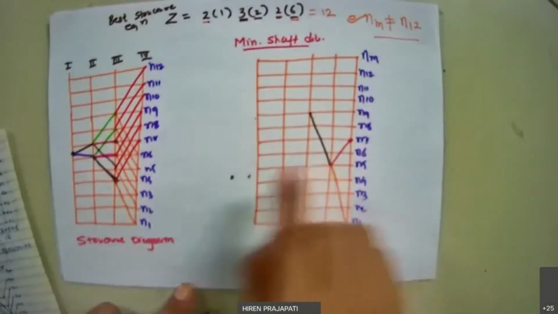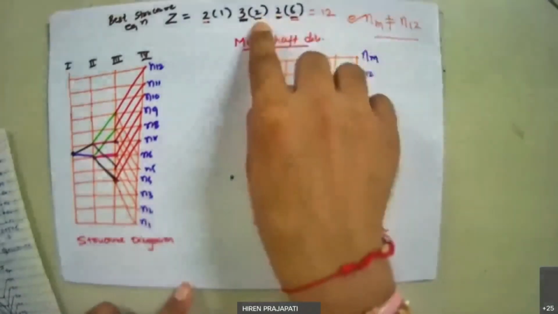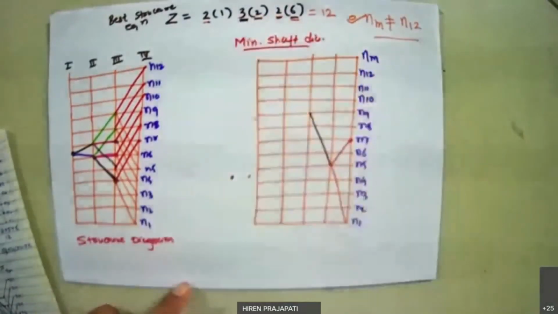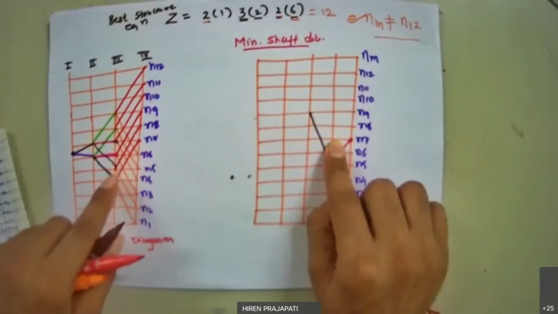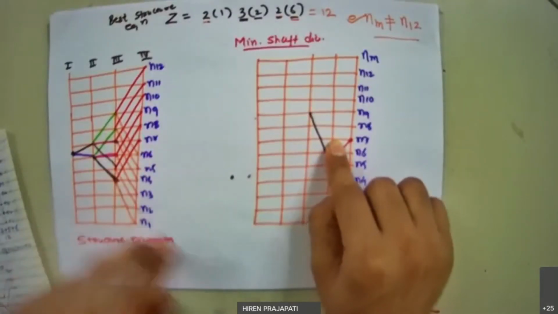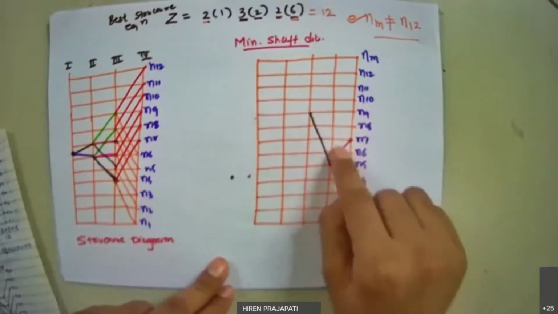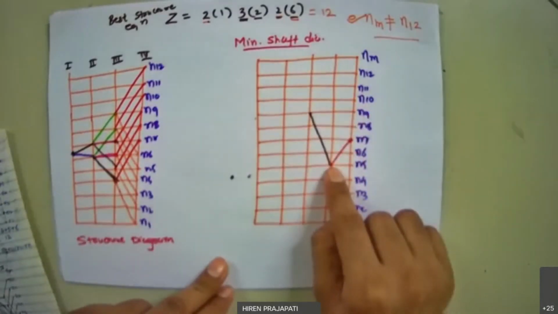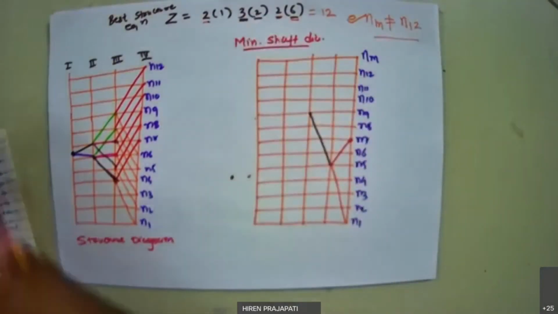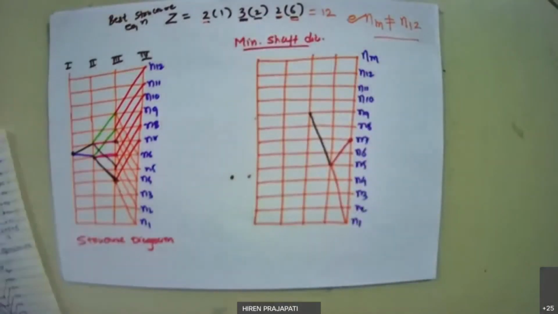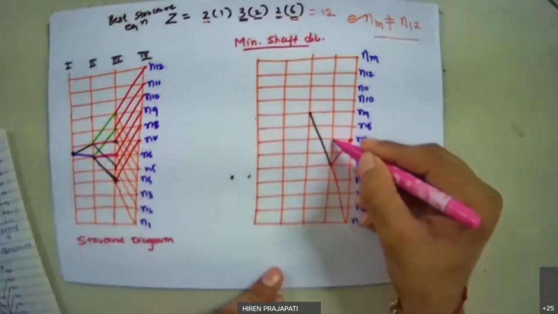After drawing this, again I need to check the characteristic number of stage 2, which is 2. So the next speed is N7, which is given here. From N5 to N7, I maintain 5 is to 2 power. So let us draw that. I connect N7.